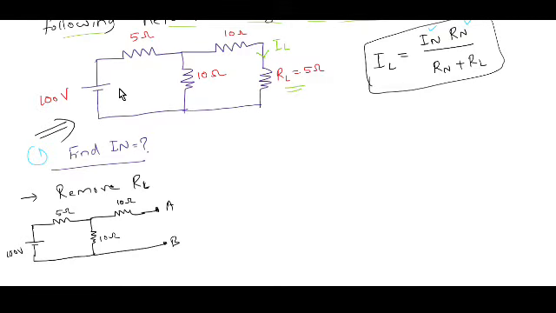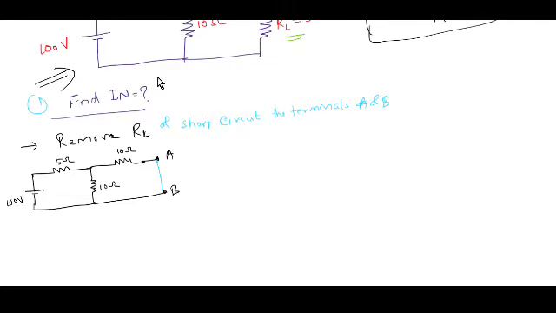Fine. The next step is to short circuit the terminals A and B. That is, remove RL, then short circuit the terminals A and B. Next, we have to calculate the current flowing through the short circuited arm.